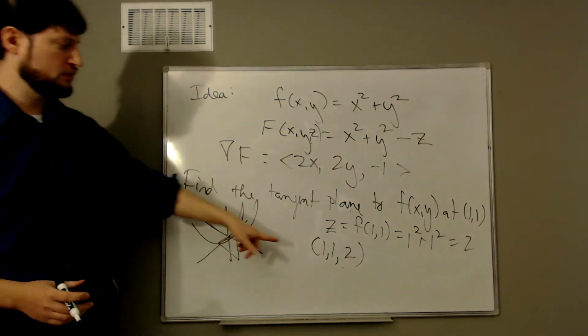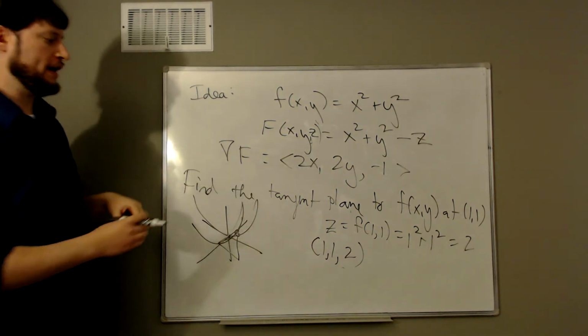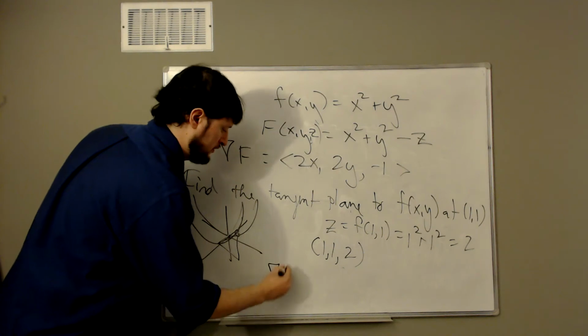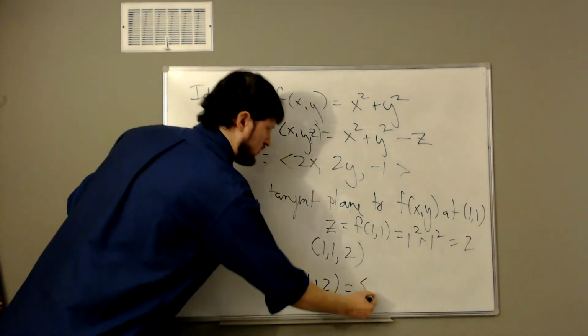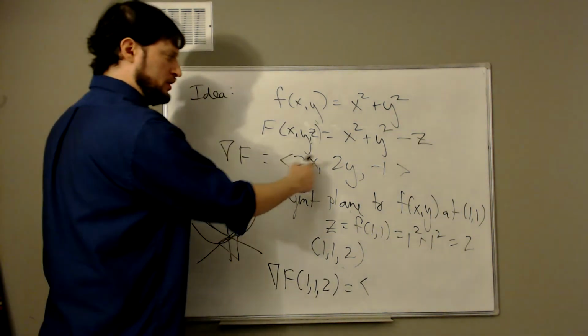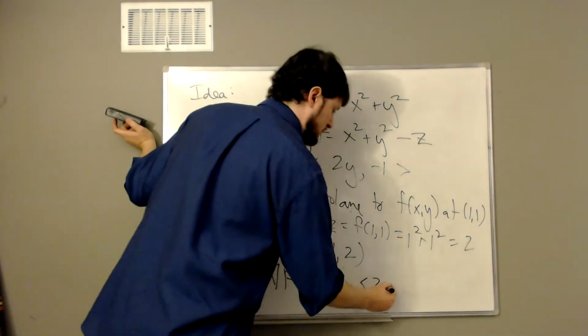And we're going to use that to calculate grad F. Grad big F at this point is 2, 2, negative 1.